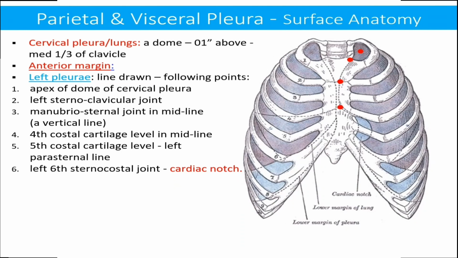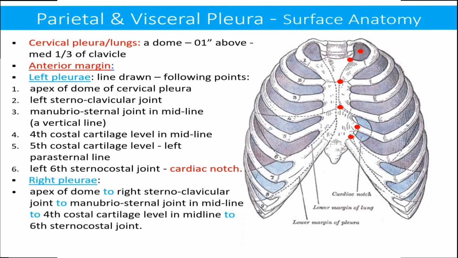Number 4, fourth costal cartilage level in midline. Number 5, fifth costal cartilage level along left parasternal line. Sixth point is left sixth sternocostal joint. This leftward deflection is to accommodate the cardiac notch of the left lung.